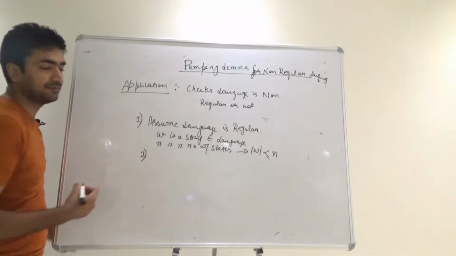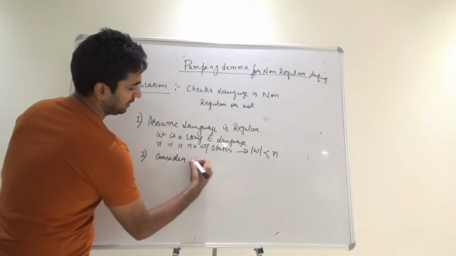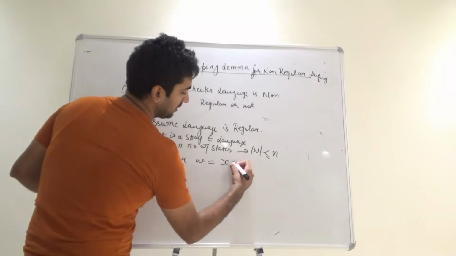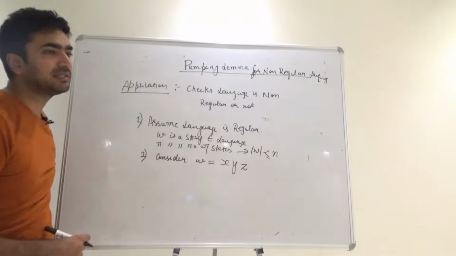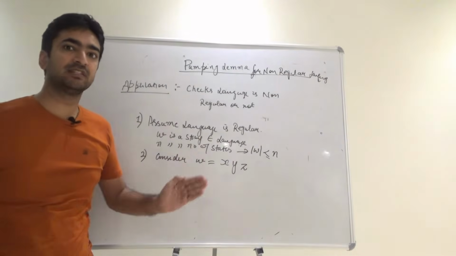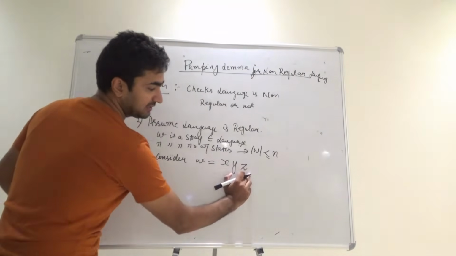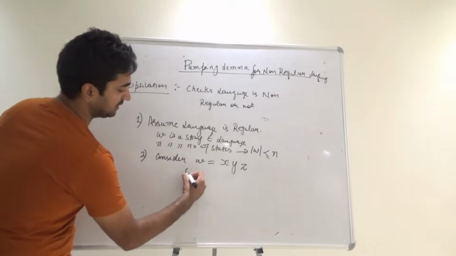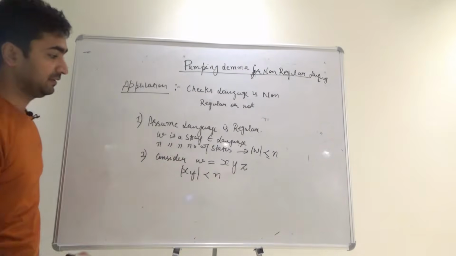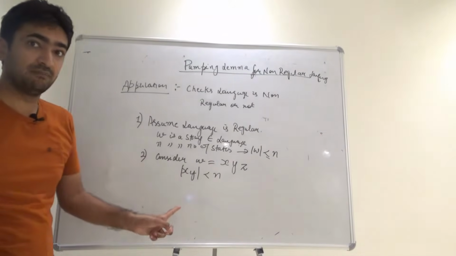The second important step is to consider W, and I'm dividing this W into three parts: X, Y and Z. Obviously if there is a high number of input symbols in the string, I'm dividing that string into three parts, denoted as X, Y and Z. We have to see that the length of XY should be less than n, the number of states.